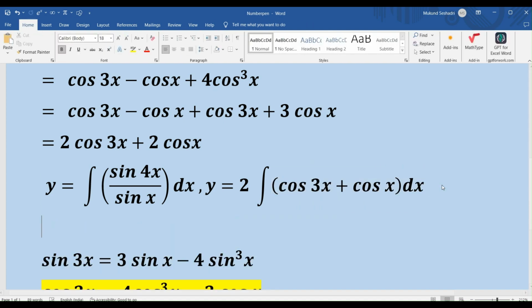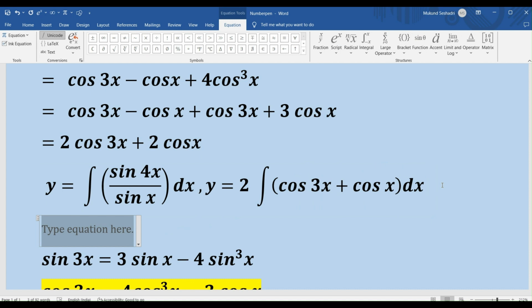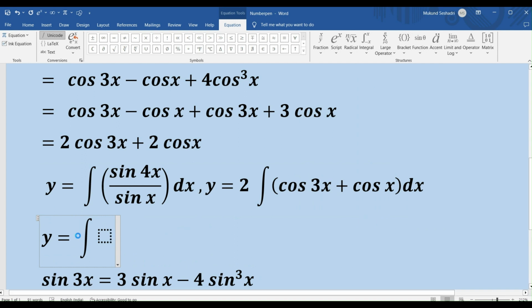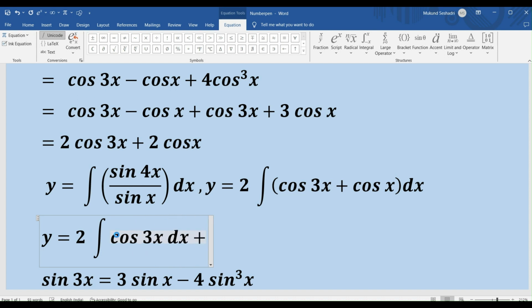I go to the next line, I apply the sum rule, nothing but y equal to 2 times integral of cos 3x dx plus 2 times integral of cos x dx, right?